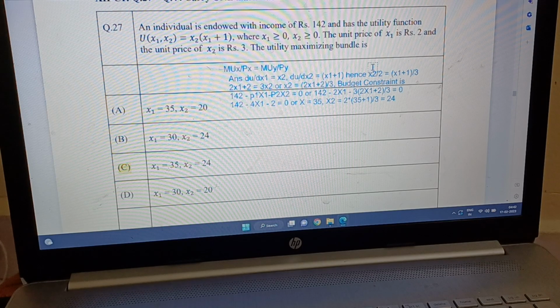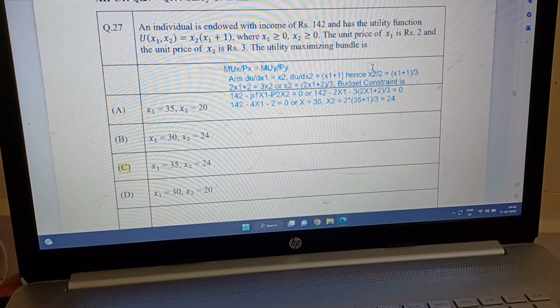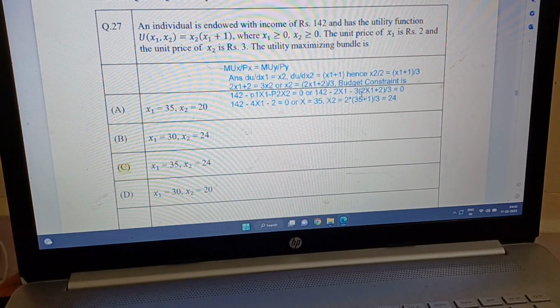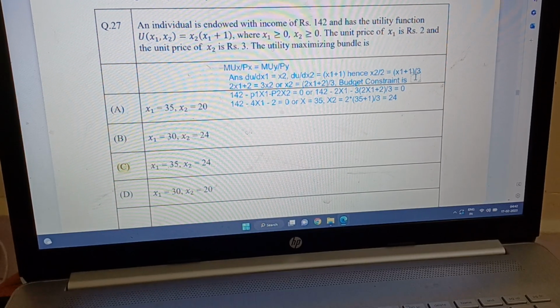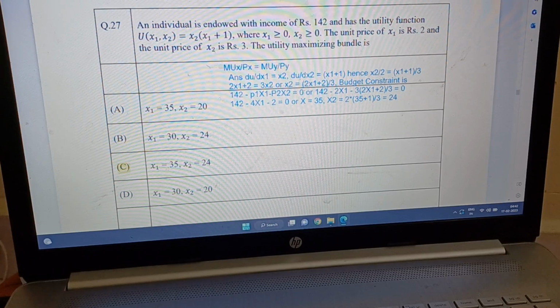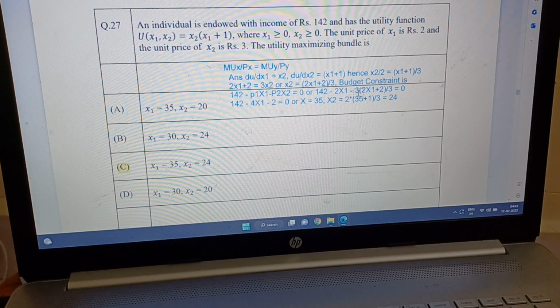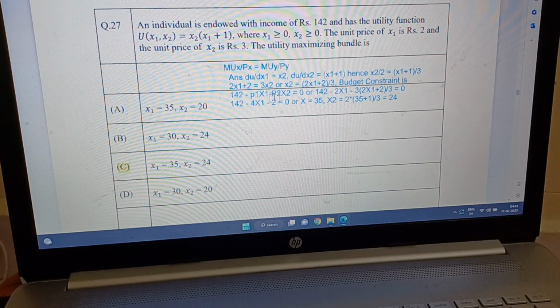So the budget constraint is 142. You write 142 minus p1x1 minus p2x2 is equal to 0. So this is 142 minus 2x1 minus 3 times x2, and x2 in terms of x1 is (2x1 plus 2) divided by 3, because p2 is 3.